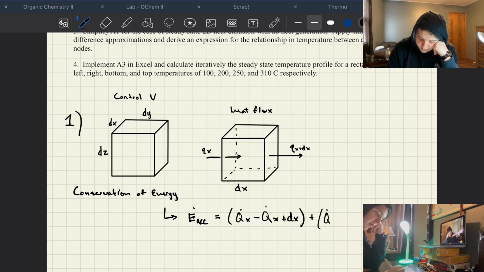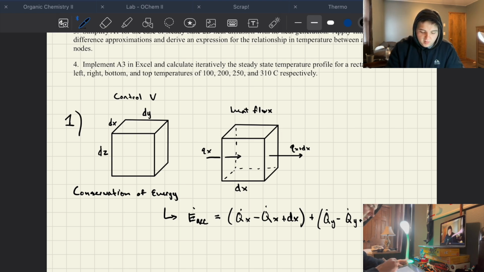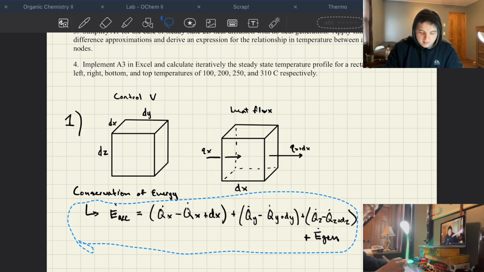So we're going to do all the faces to get the whole accumulation, plus dy, and then plus if we generated any heat during this time. So I'm just going to move this over. So that's our conservation of energy equation.